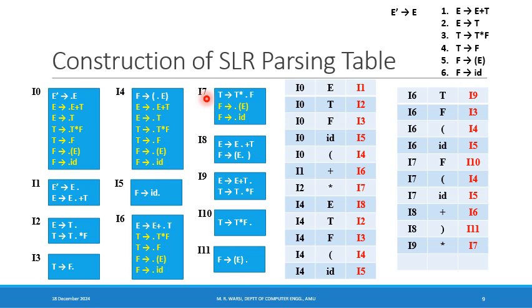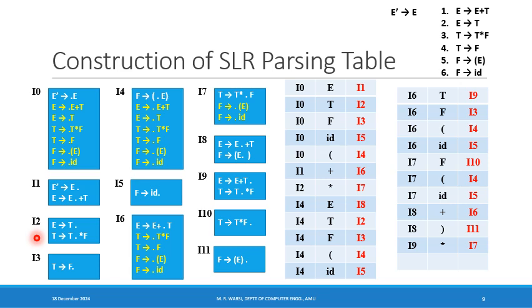After the dot, I have the variable capital F. So I will add LR0 items based upon the production of the variable capital F. So these two LR0 items have been added based upon this. No more LR0 items will be added to the I7 state, and my I7 state is now complete. I go back to I2 state, and we have considered all the transitions from I2 state.